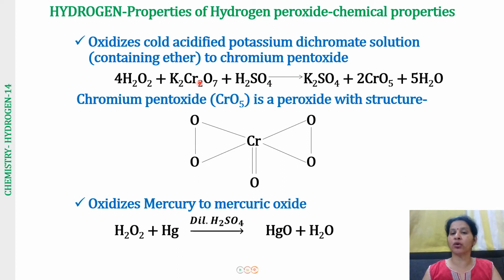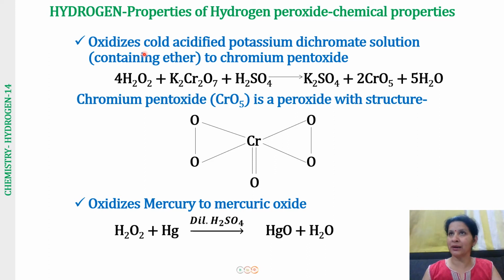Chromium forms chromium pentoxide. The structure of this chromium pentoxide is very important. I'll come to that. Along with this, water molecules are formed in this reaction. One thing you have to remember is that this reaction happens in the acidic medium, and the temperature is ice cold. This is going to be very, very important, right?